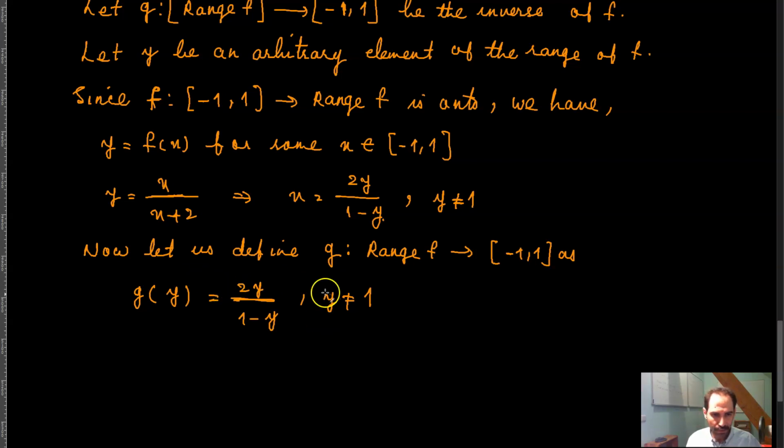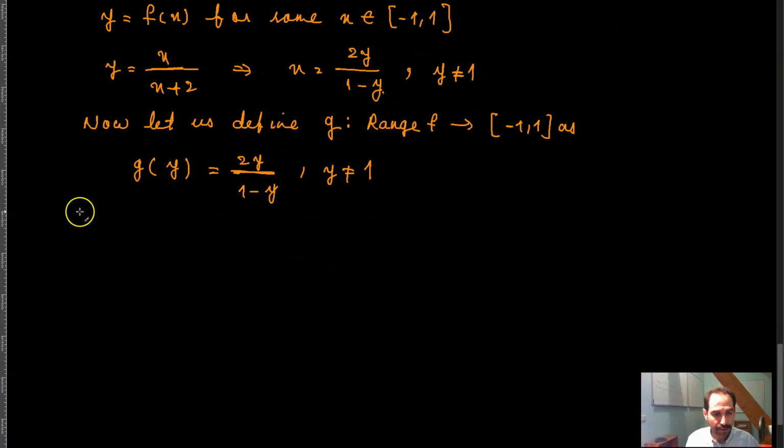Now in order to show that this function is actually the inverse of our original function f, we need to show that g of f of x is equal to I of x, and we need to show that f of g of y is equal to I of y.